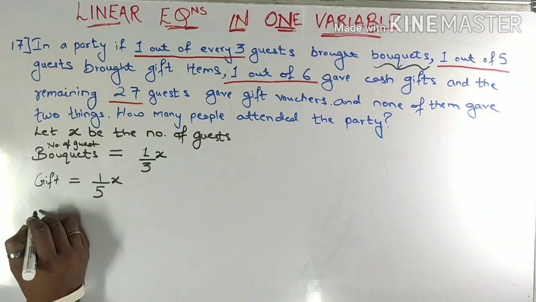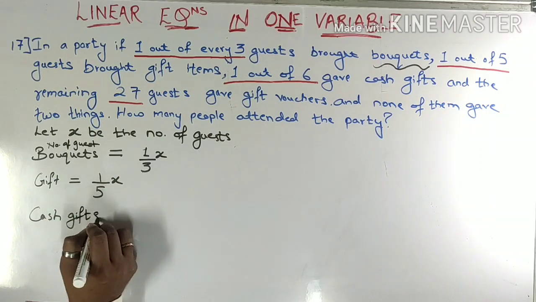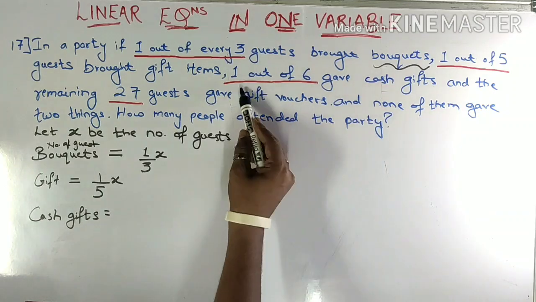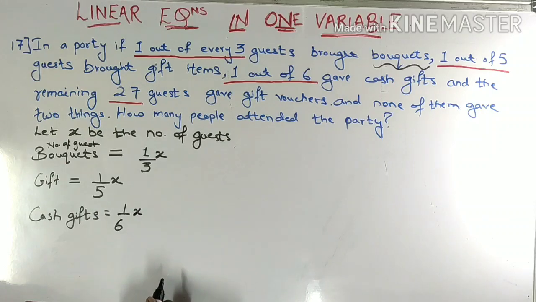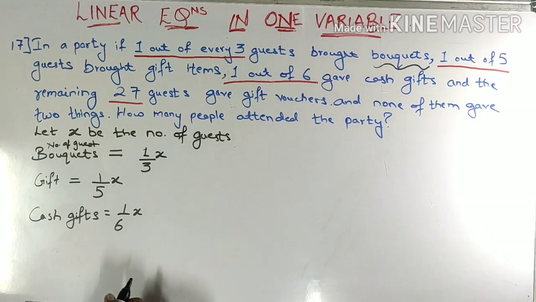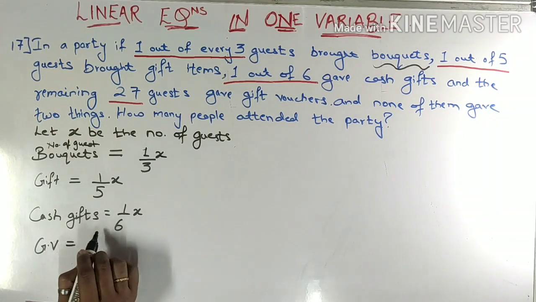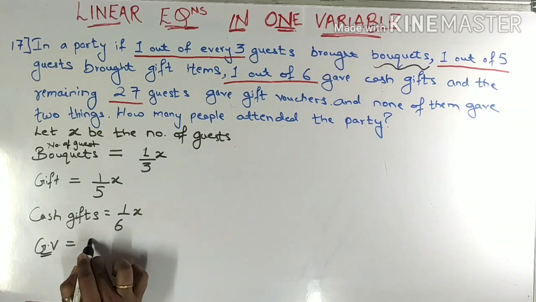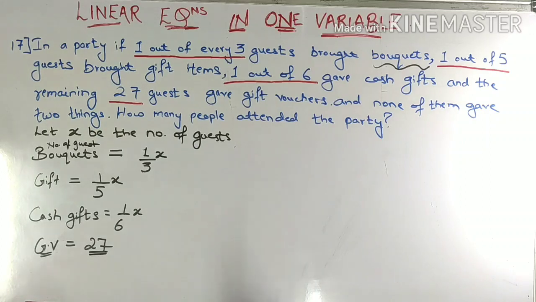And cash gifts, 1 out of 6 of the total number of guests gave cash gifts, and the remaining 27 gave gift vouchers. GV, I denote it by GV. This is 27. It's a pure number that we know. The only sure number that we know in this expression is 27.